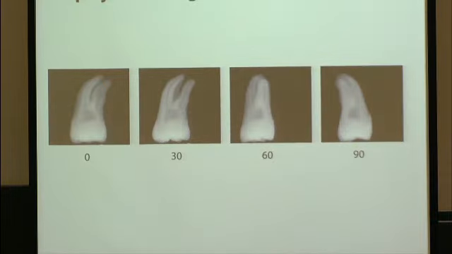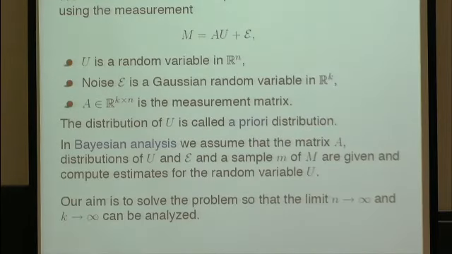So here are the X-ray pictures, and that represents the full CT data. Then we take only 60 degrees of data, forget most of the pictures, and want to do reconstructions.